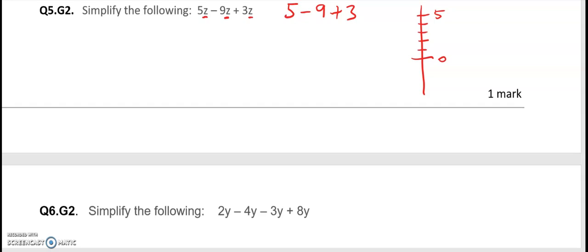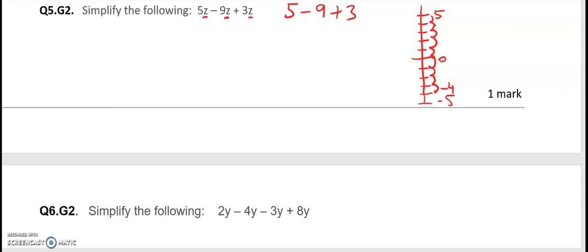So then we have under 0, minus 1, minus 2, minus 3, minus 4, and minus 5. So from 5, we take away 9, or we go down in 9 steps. So 1, 2, 3, 4, 5, 6, 7, 8, 9. So we've gone to minus 4, and then add 3.